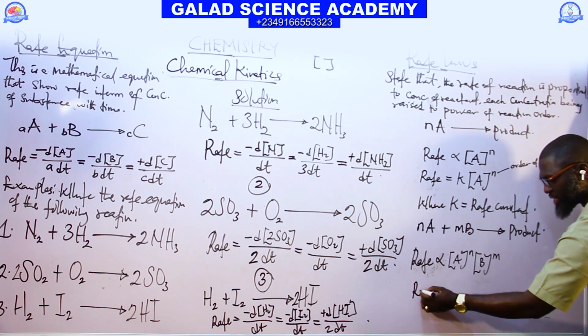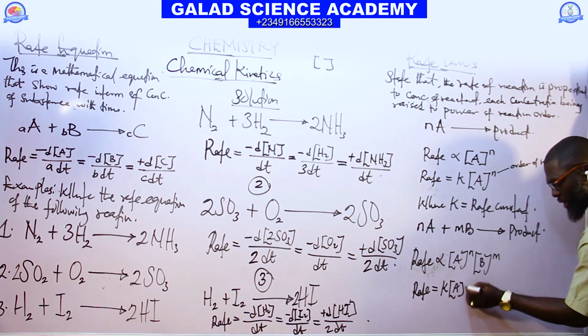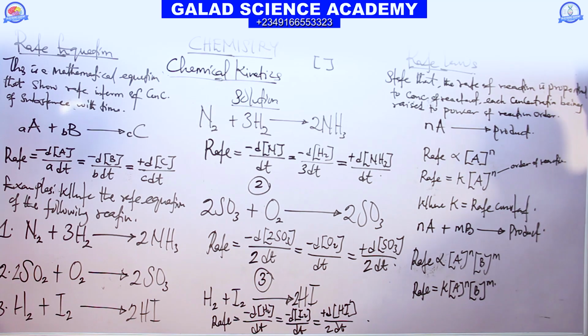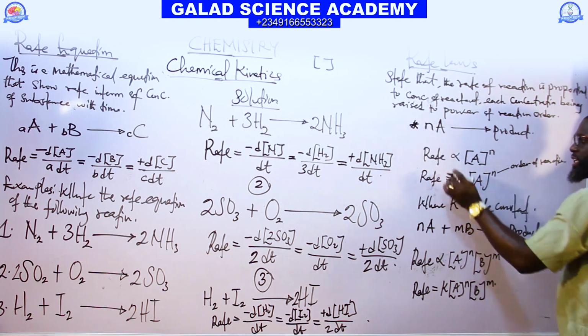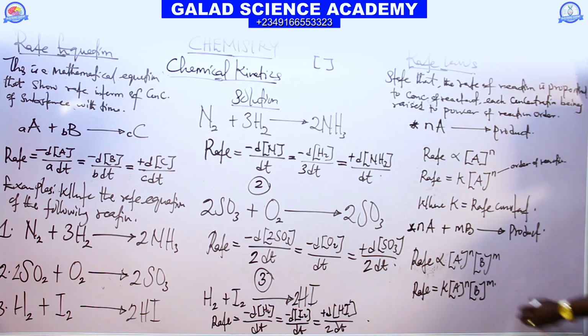Change it, we have rate equal to k times the concentration of A to the n and concentration of B to the m. So this is the rate law for the first reaction, and for this second reaction, this is the rate law.